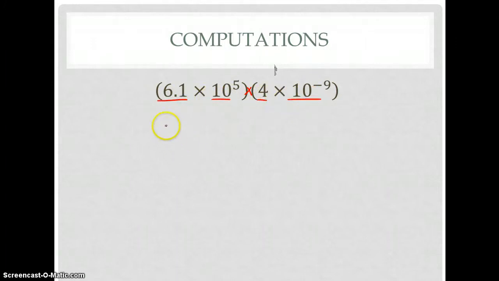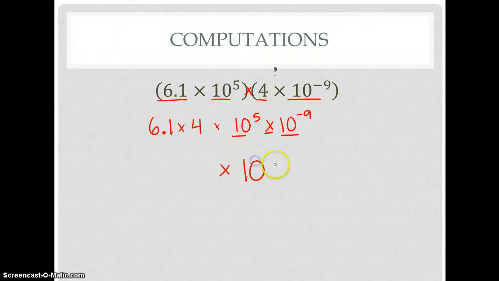What would be easiest to multiply? Well, it'd be easiest to multiply the 6.1 and the 4, and then 10 to the 5th with 10 to the negative 9th. If you remember what we did on Friday, our exponent rules: same base, multiplication, means we are going to add those exponents together. So 10 to the 5 plus negative 9 equals negative 4. We're going to put times 10 to the negative 4th.